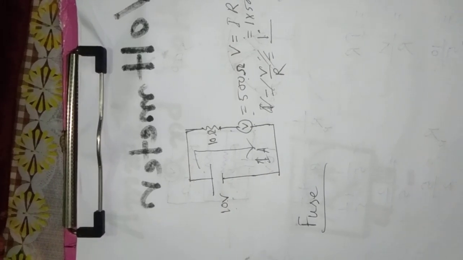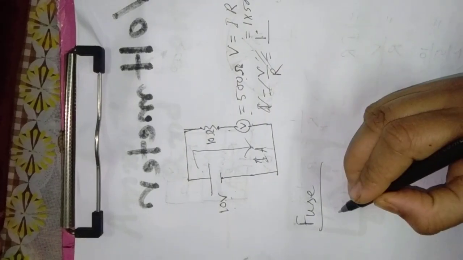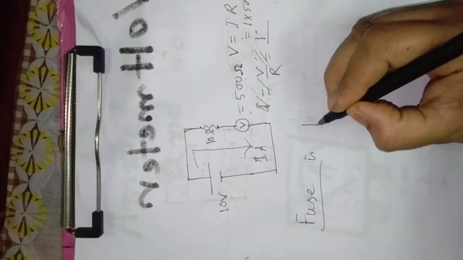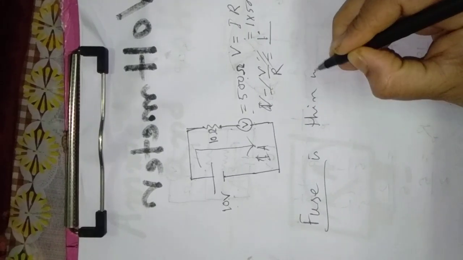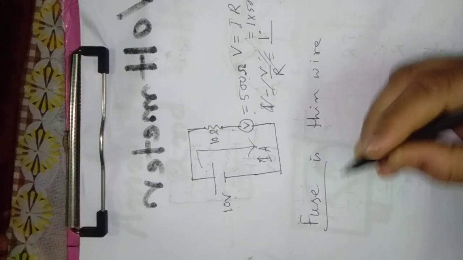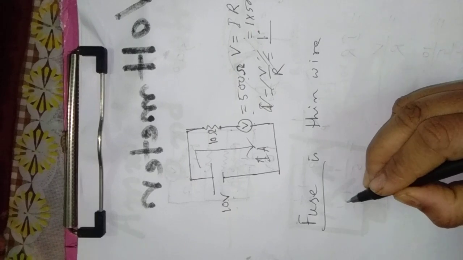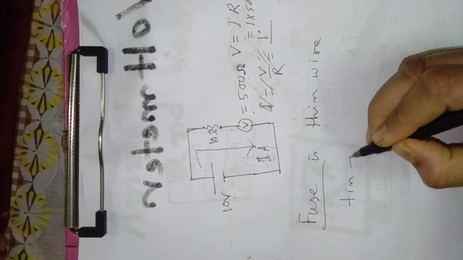So in order to avoid such accidents, some special arrangement can be set up in every house, that is known as fuse. Fuse is a thin wire that is made of an alloy of tin plus lead.